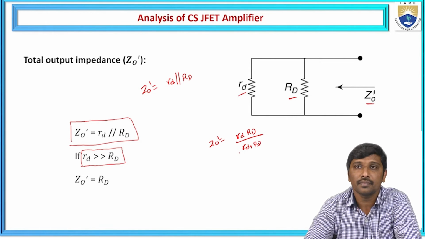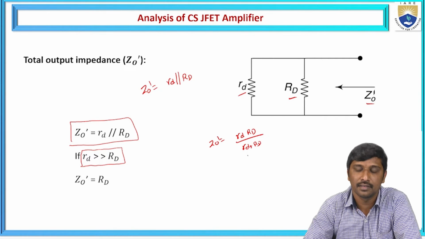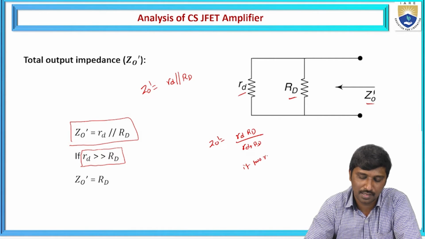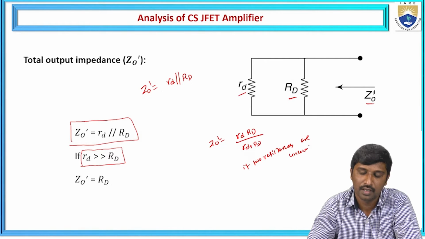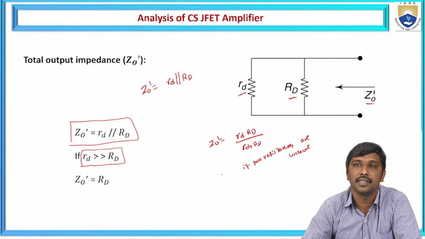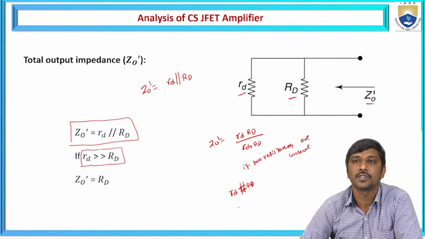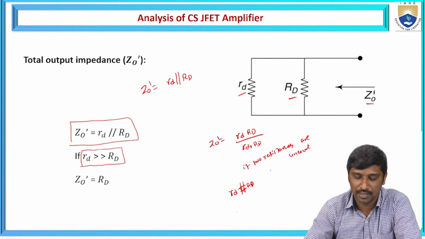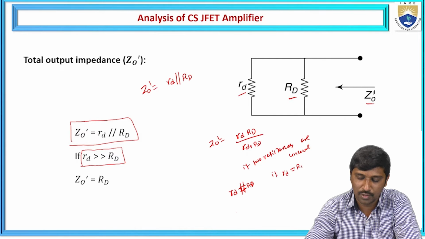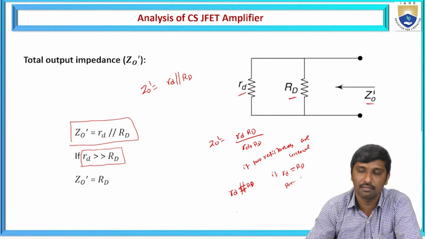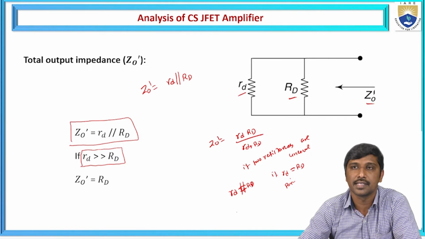We know that under the parallel configuration, if the two resistances are unequal, the parallel combination is approximately equal to the smaller resistance. If small rd is equal to capital RD, the parallel combination is always half of the given resistance.